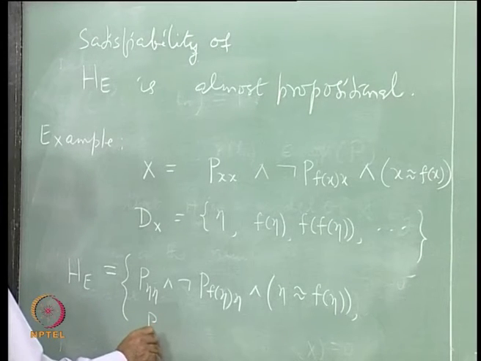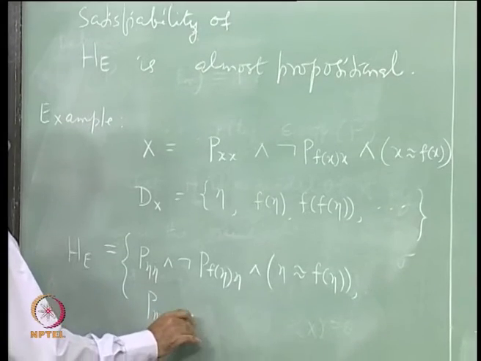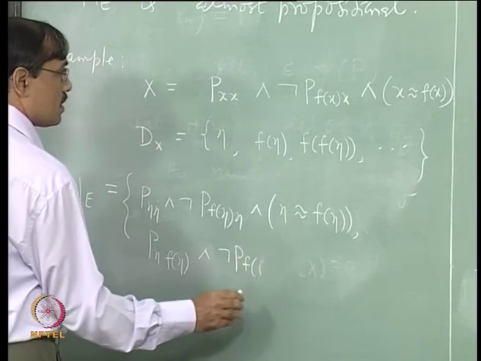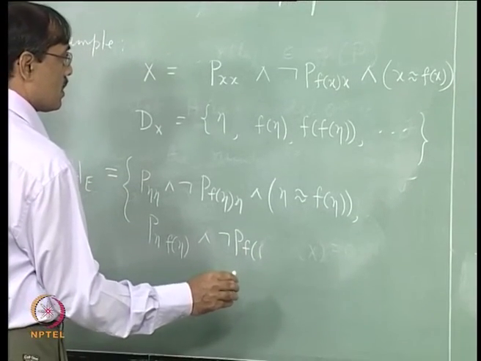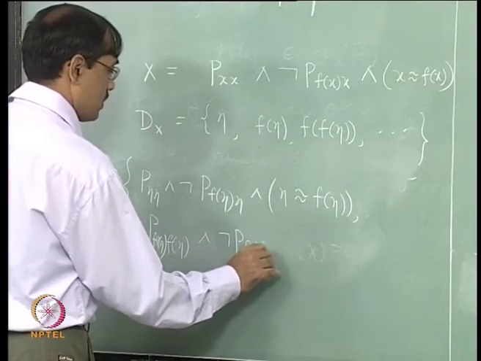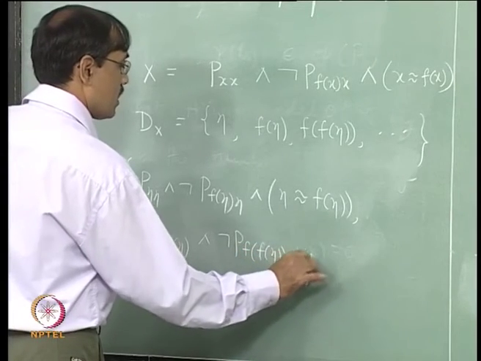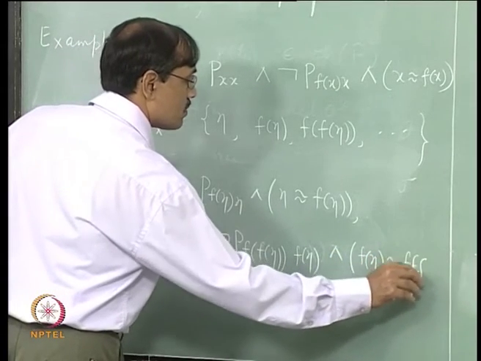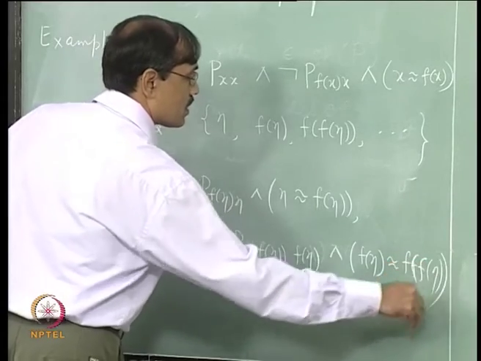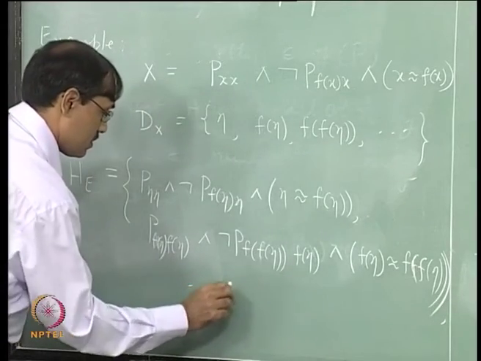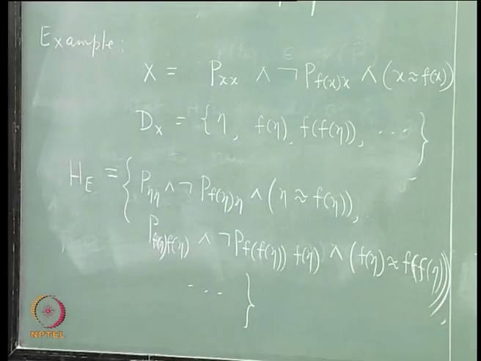Then p eta f eta and not p f of eta f eta, where x has to be f eta now, and f of eta is equal to f of f of eta, right, and it continues. It is a denumerable set, writing all these x as eta and then f of eta, then f of f of eta and so on.